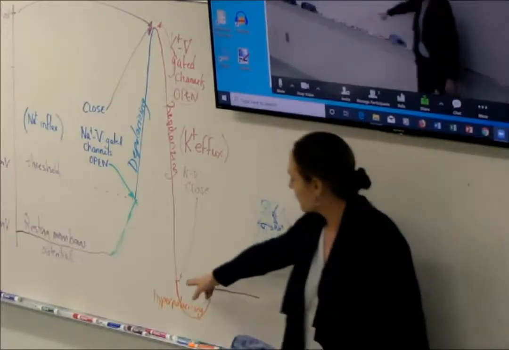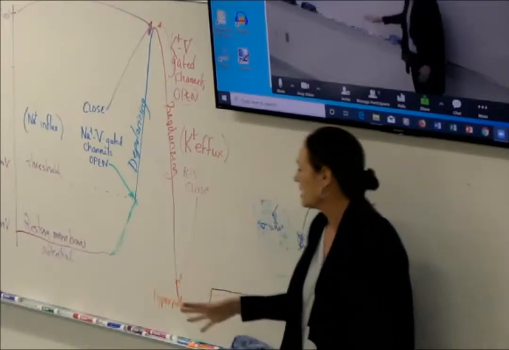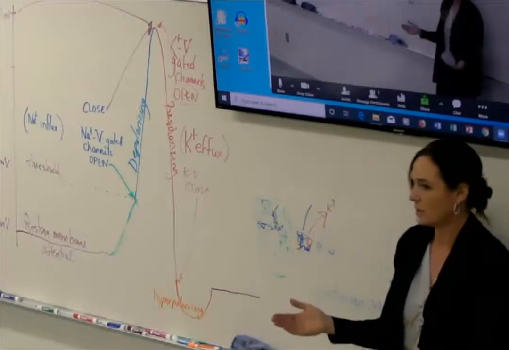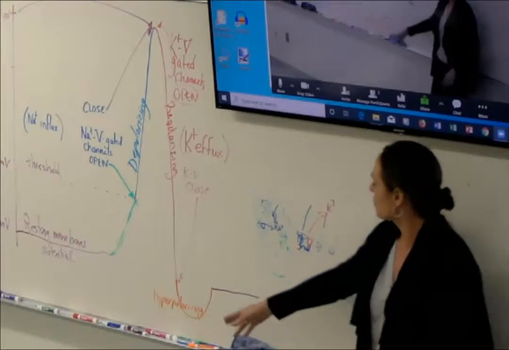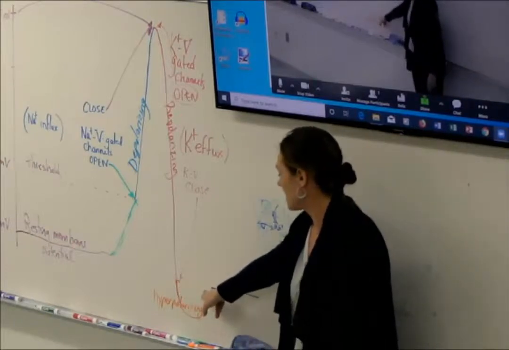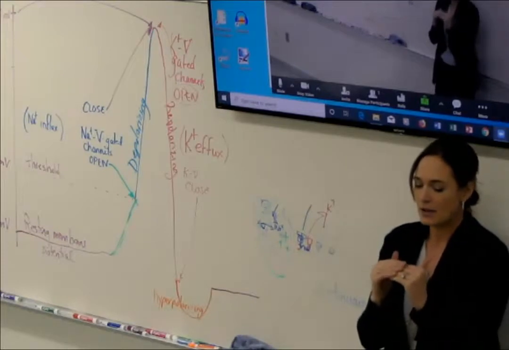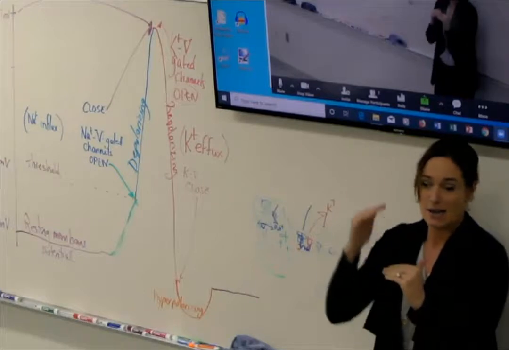Even at this first point that it returns back to -70, we know that our sodium and our potassium are imbalanced, so it's not really quite back to normal yet. It's only during this phase that the sodium channel that is closed and locked goes into sort of unlocked.